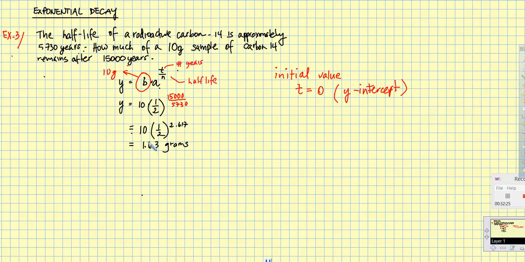It means that if I were to take a 10-gram sample of carbon-14, and I let 15,000 years pass, what would remain would be 1.63 grams of that 10-gram sample, okay? So that's how long it takes for carbon-14 to decay.